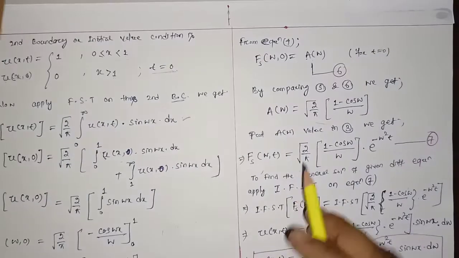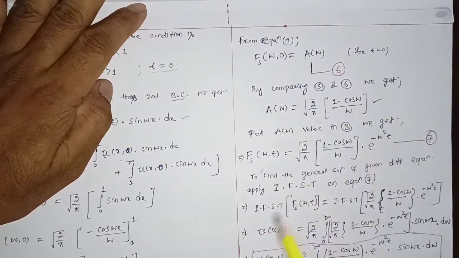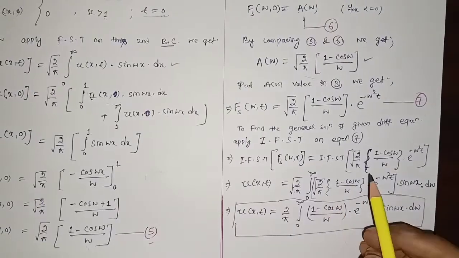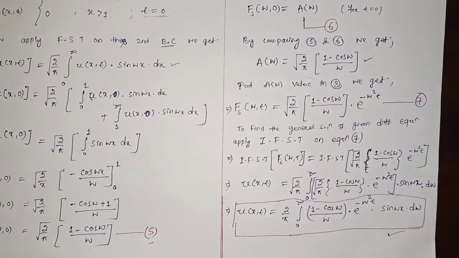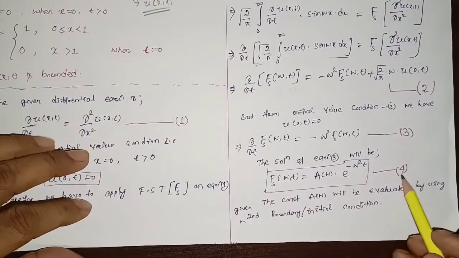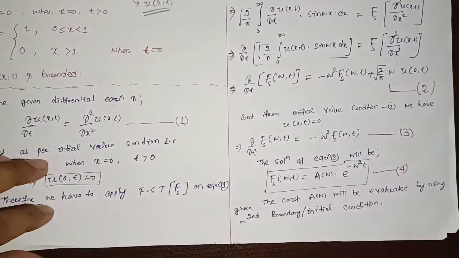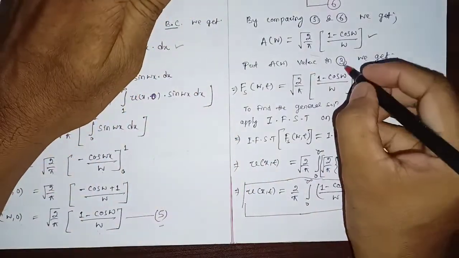By comparing 5 and 6, we get a omega equal to this much. Now we have to put this a omega value in equation number 4, not equation number 3. Just correct it.